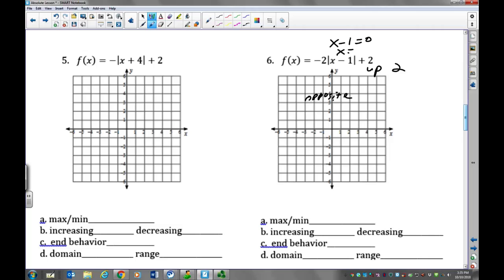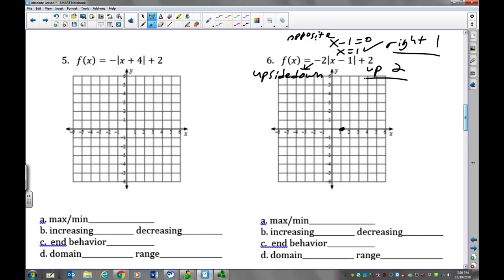Well, you would need a positive 1 to make it 0. And so positive 1 means go to the right one. That's why it's opposite. You see the negative in there, but it's really right one. Cool. So that's going to be up and to the right one. And then this one, the negative symbol actually means upside down.